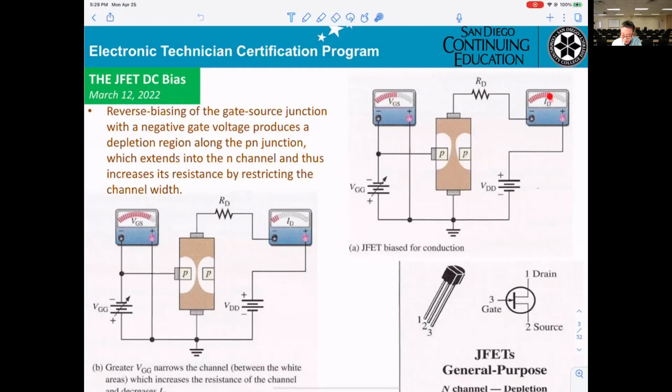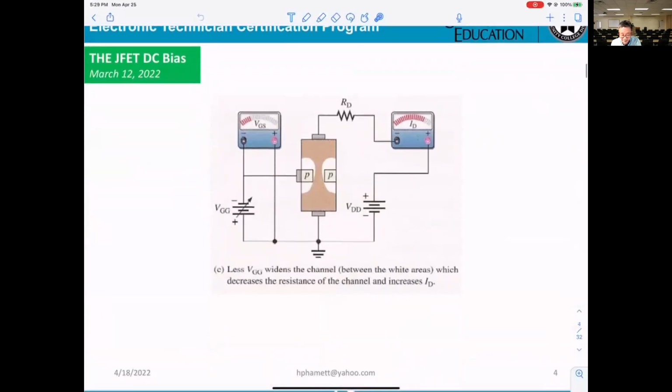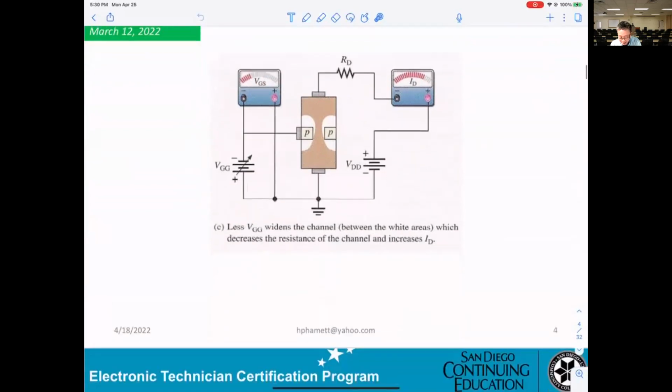That tells you the current will be increased. It's the same thing: with a less negative VGS, you now get more current. You see the channel between the drain and the source is now wider.